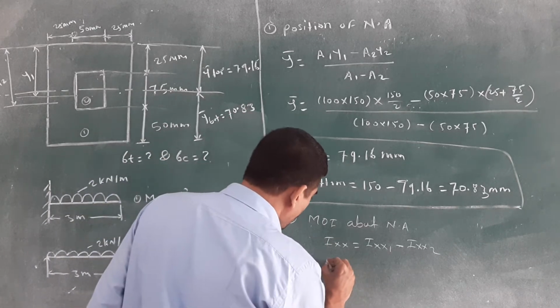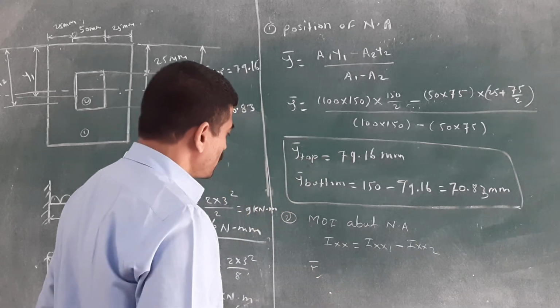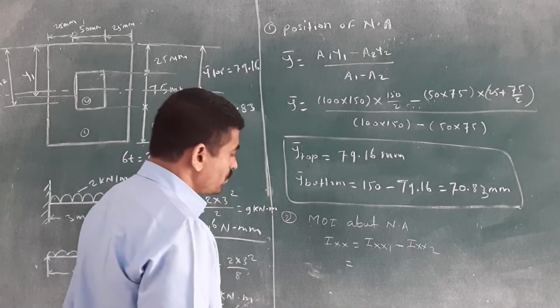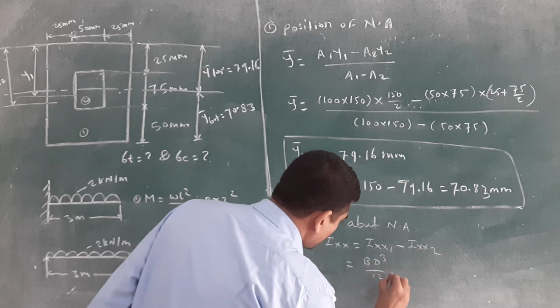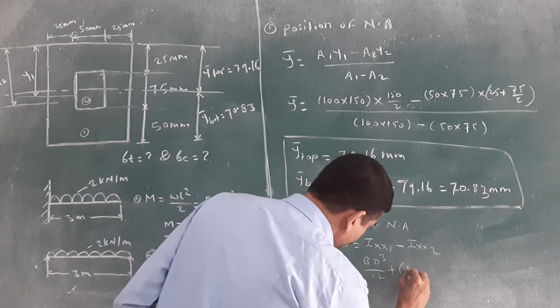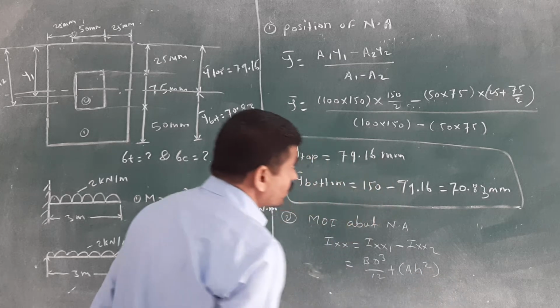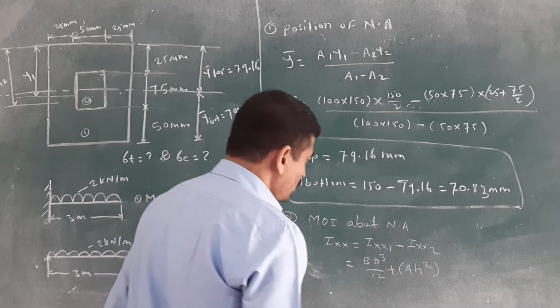Then what is the value of Ixx? I will directly put the values here. For Ixx1, this is not a symmetrical figure, that's why you have to use the parallel axis theorem: BD cube divided by 12 plus AH square. This is for the first, minus the second, the small one, BD cube divided by 12 plus AH square.